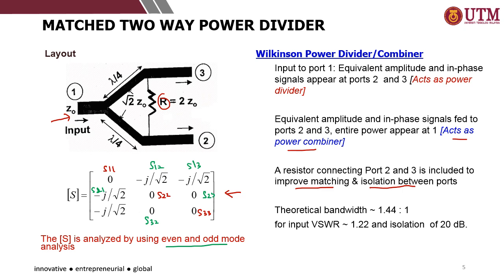Right, in theory, the typical bandwidth for the Wilkinson power divider is 1.44 to 1, the VSWR is 1.22, and also the isolation is 20 dB.